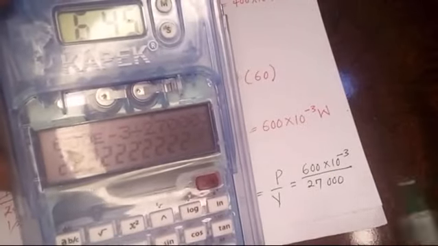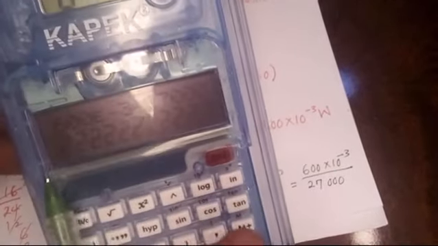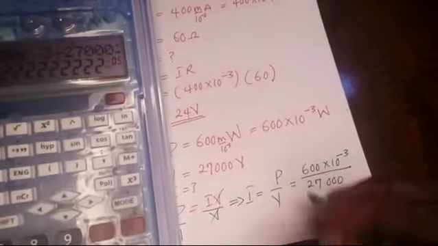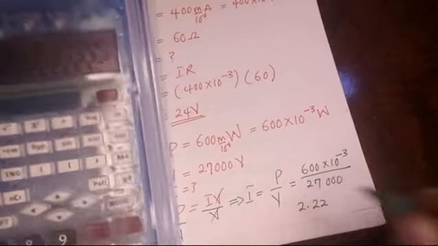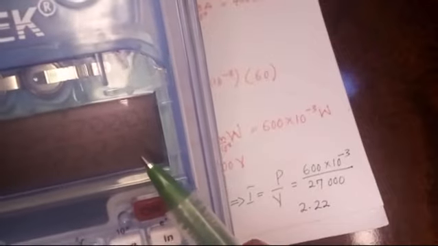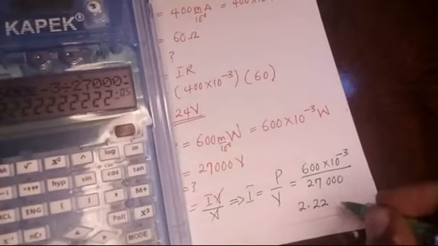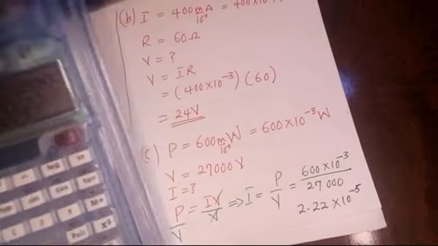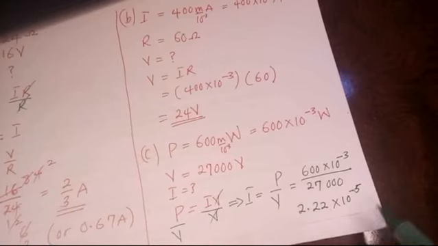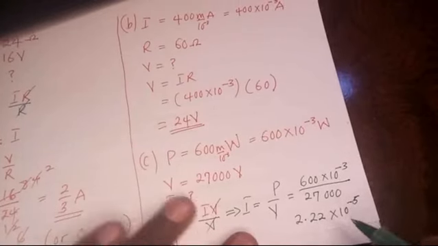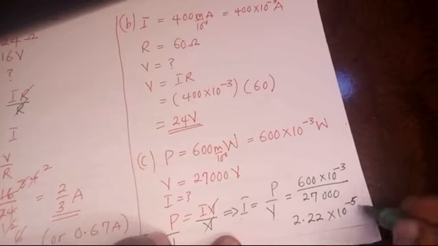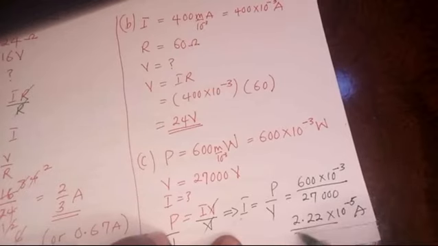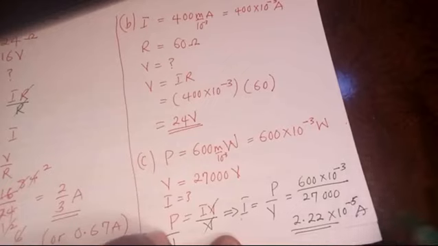This is 2.22, so you have 2.22 times 10 raised to the power of minus 5. Then you ask yourself, what is the unit of electrical current? Current is measured in ampere, so your result is 2.22 times 10 to the power of minus 5 in ampere.